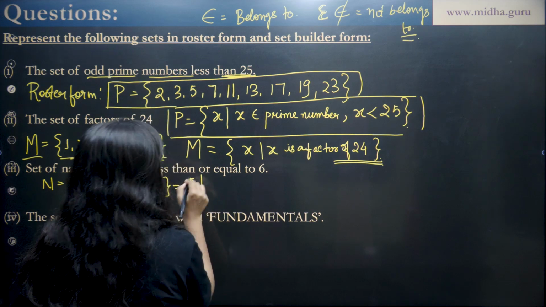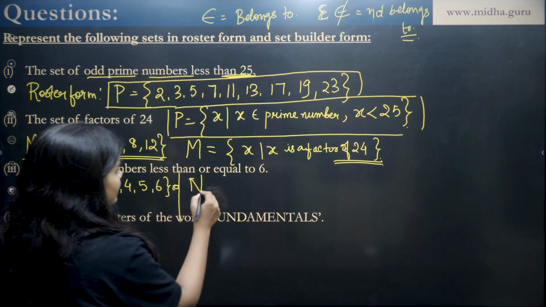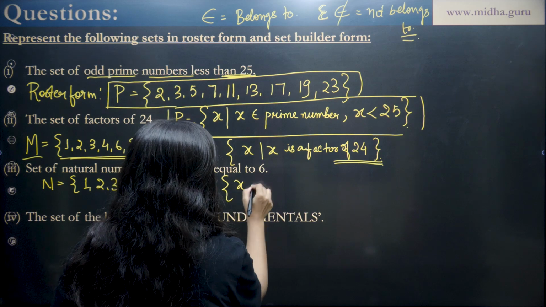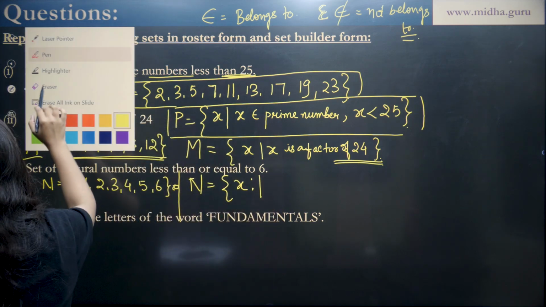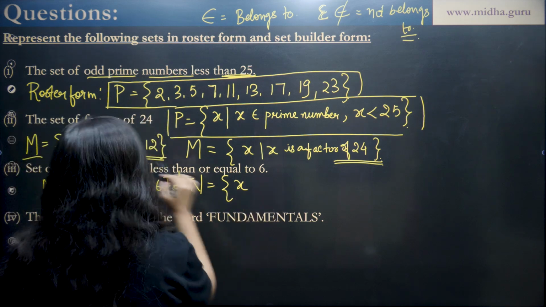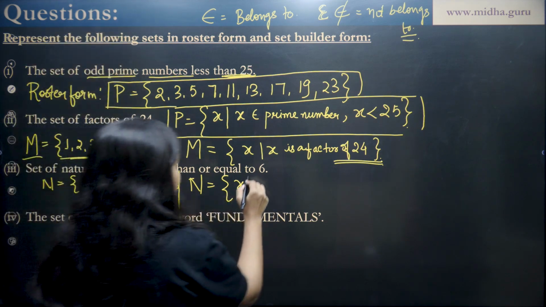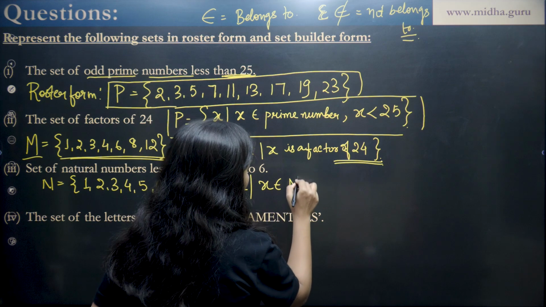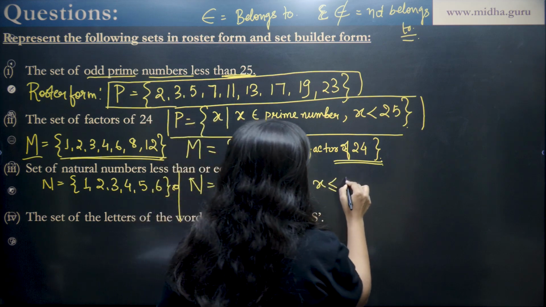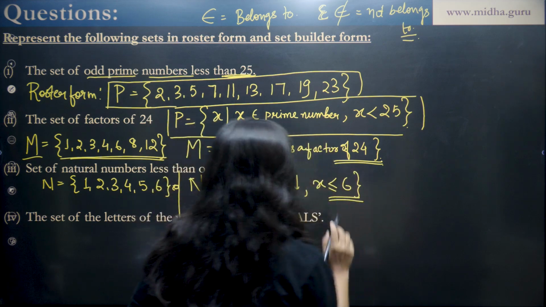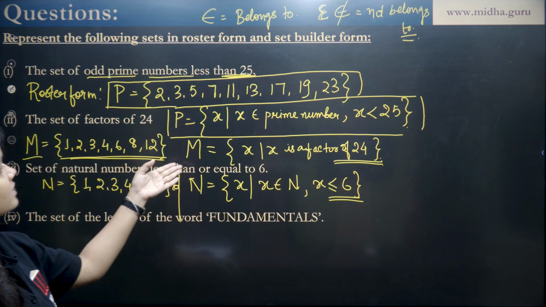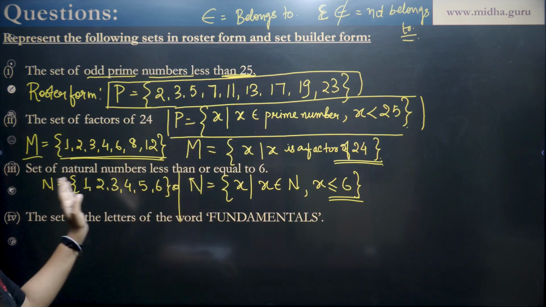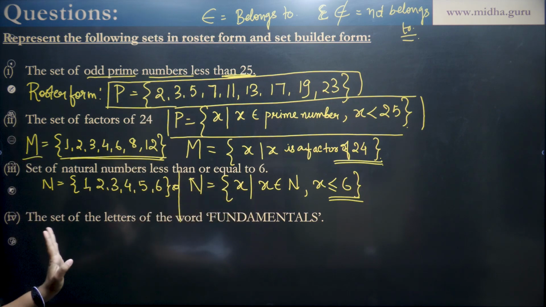In set builder form it is written as N is x such that x belongs to N and x is less than or equal to 6. So this is how we can write the set of natural numbers less than or equal to 6 in set builder form and in roster form.